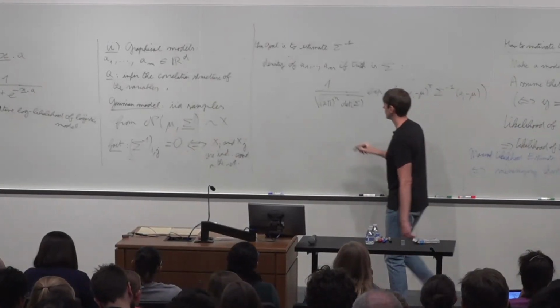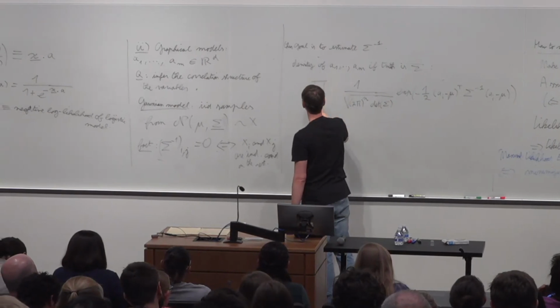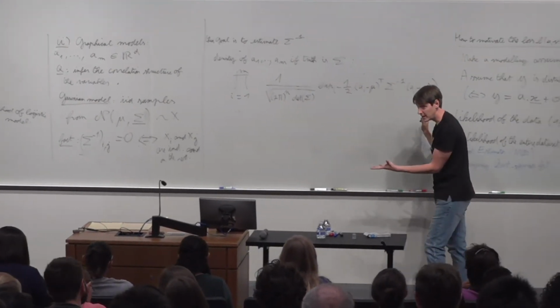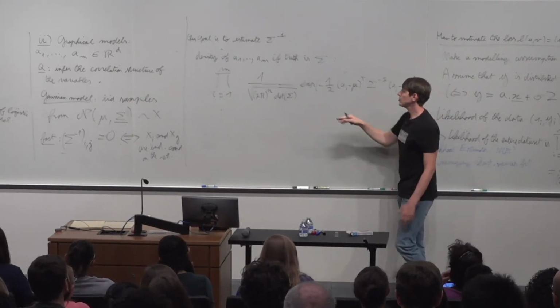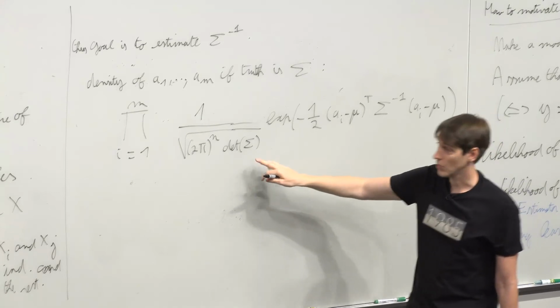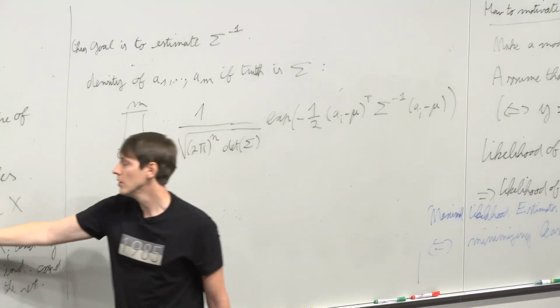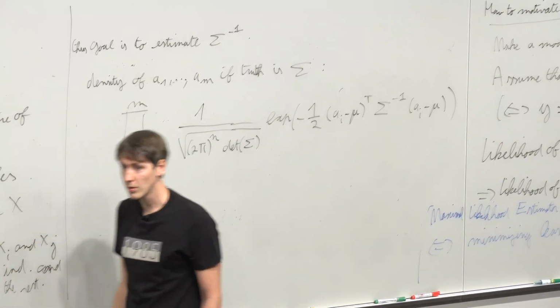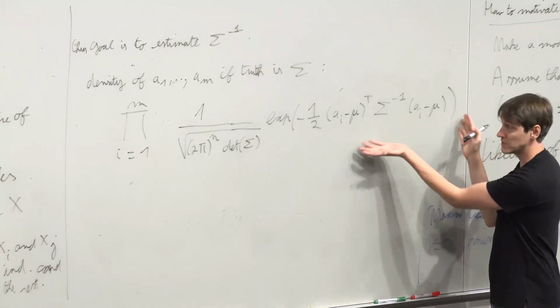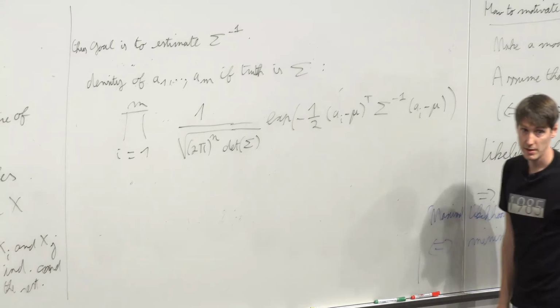And I get the product of those things because I have assumed independence. So this is the likelihood of my data set if I assume it was generated from N(mu, sigma). Okay, so in truth it was generated from N(mu, sigma underbar), but I don't know sigma underbar. So let's see what the likelihood is if sigma was the truth.